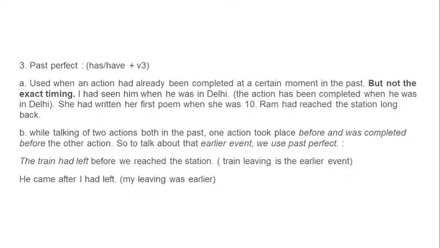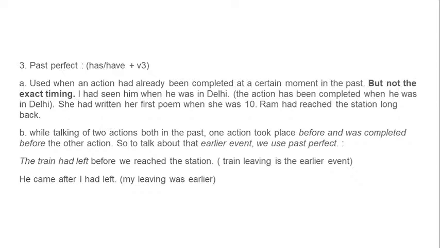But here, the only difference is the first action had completed, got over, it got finished. The action was not in the progressive condition like the previous one, which I told is past continuous. No, here it was completed when the interruption took place.